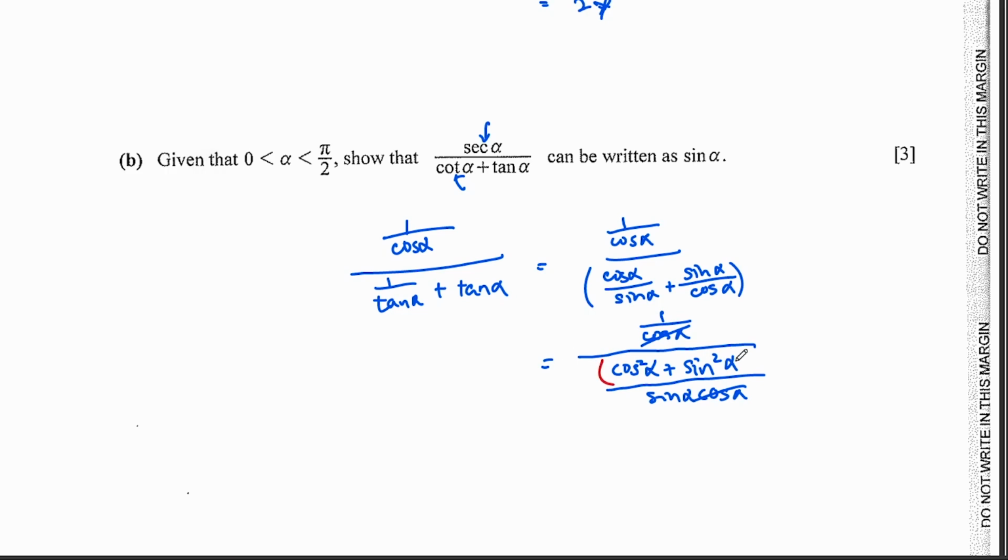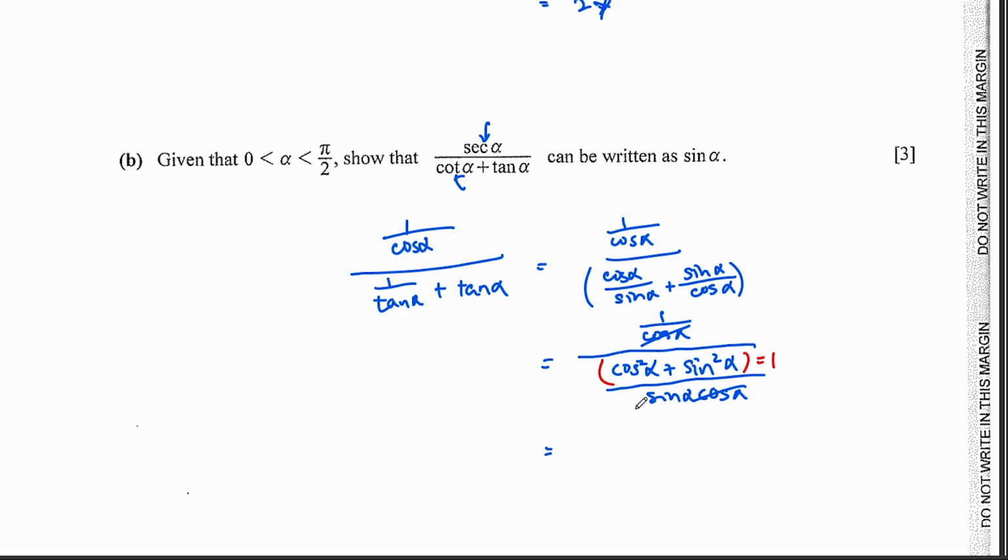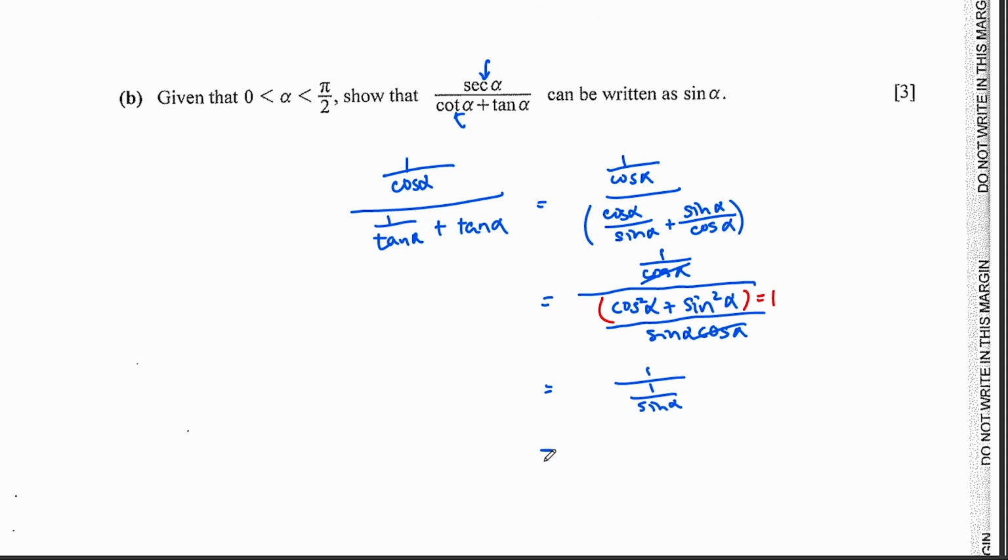Right, so maybe I can highlight here, this is equal to 1. So it can be simplified. So this 1 over sine alpha is the reciprocal of the reciprocal, so that would just be left with sine alpha. Right, so that's proven.